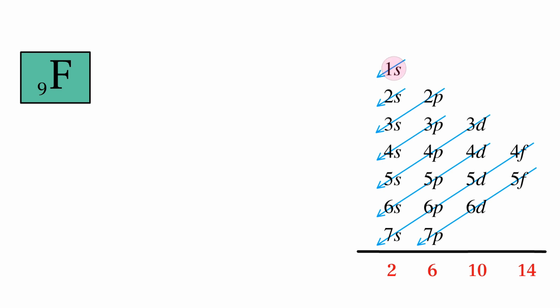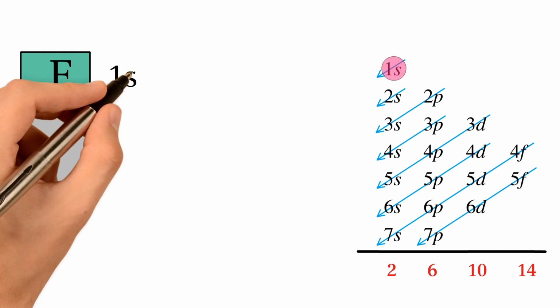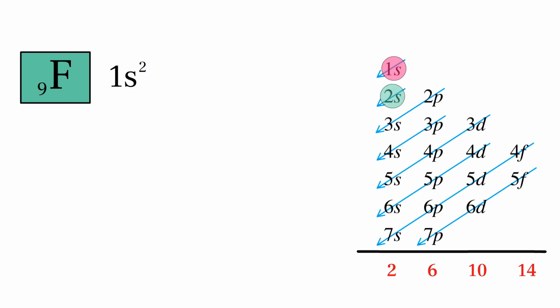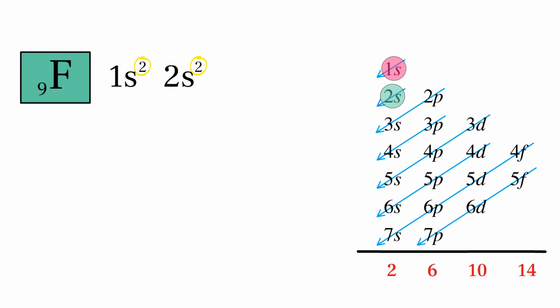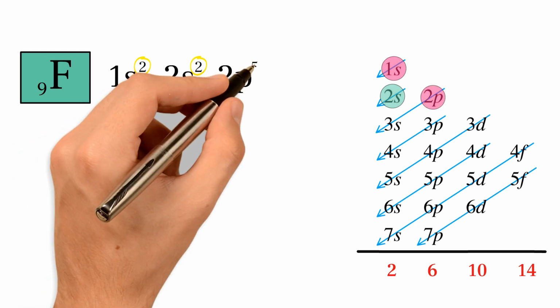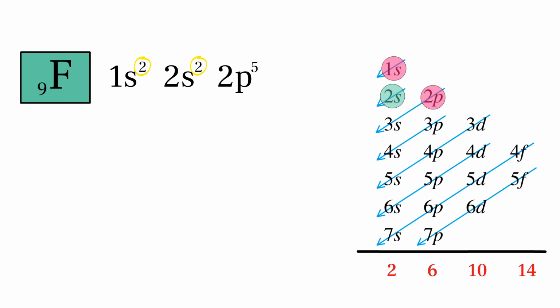So we will start with 1s2, 2s2. As we can see, we distribute 4 electrons and 5 electrons are left of the 9. So we will add them all to the 2p sublevel because the maximum capacity of the p orbitals is 6 electrons.